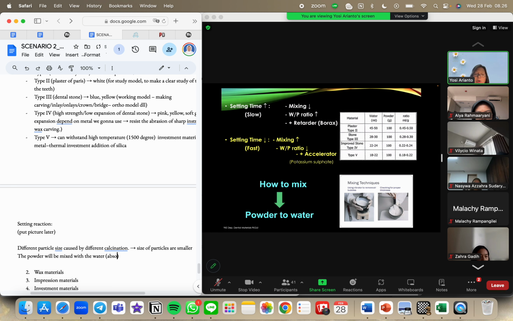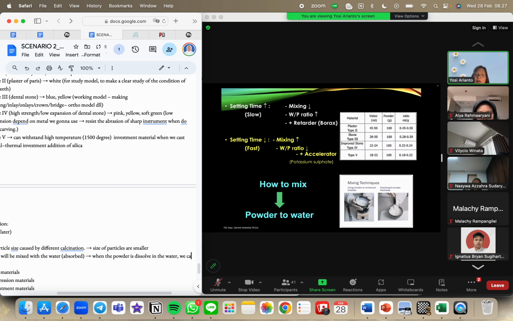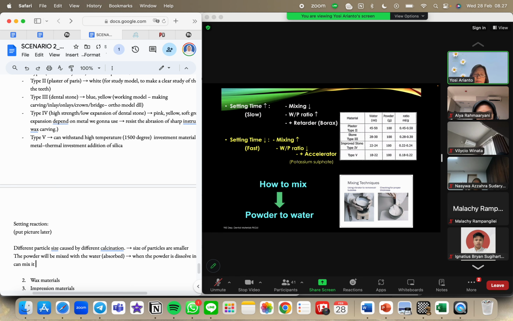So after you know that all the powder is dissolved in the water, then you just mix it as usual.